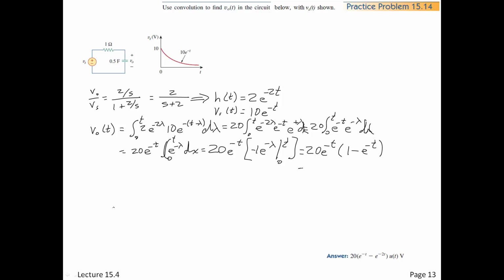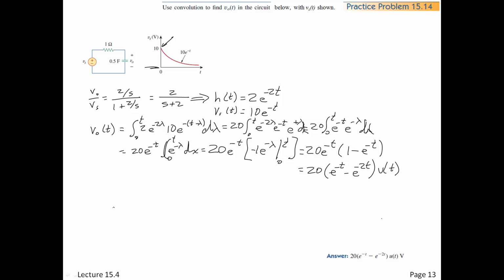This comes down to 20 times (e to the minus t minus e to the minus 2t). This turns on at 0, because our function was 0 back here, so this is times u of t.